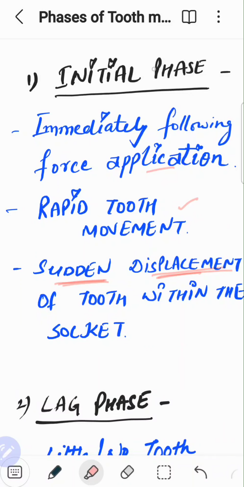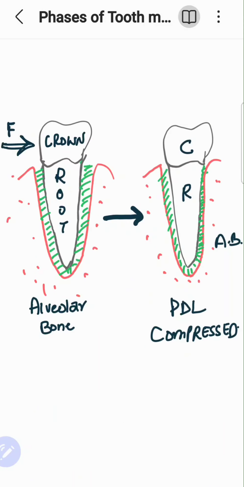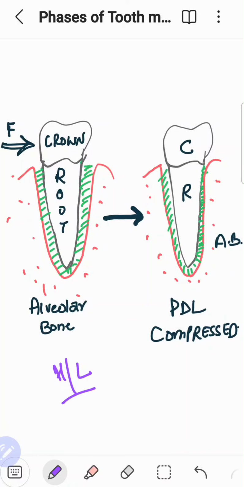If we look at the diagram, this is the crown and the root portion, the periodontal fibers, and the alveolar bone. Whenever a certain set of force is applied onto the tooth structure, could it be heavy or light force, depending upon the force, tooth movement takes place.